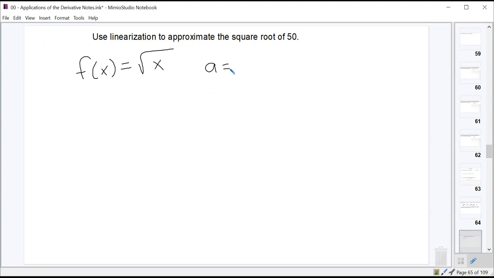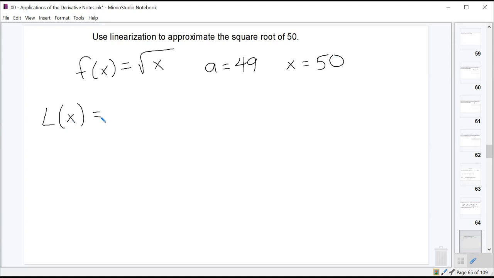And that'd be, pretty obviously, 49, because we know that the square root of 49 is 7. So our A value is going to be 49, and our x value is the value we're looking for, which is 50.